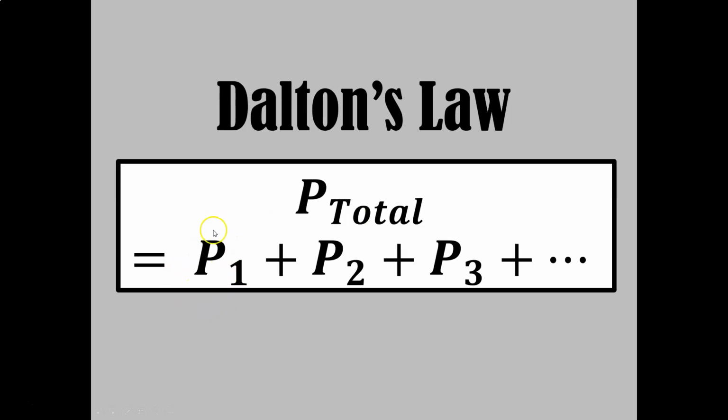So the pressure from gas 1 plus the pressure from gas 2 plus the pressure from gas 3, etc., for however many gases you have. You add them together and you get the total pressure for the entire container. Remember, we're doing these typically in closed containers, so that's why I call it container. They're going to be hitting the edge of those containers. That's what exerts the pressure.